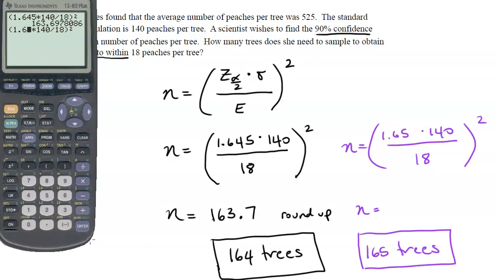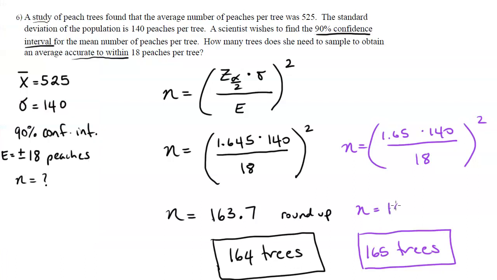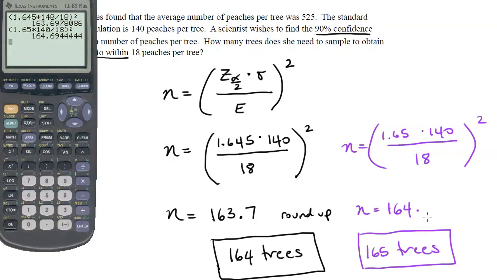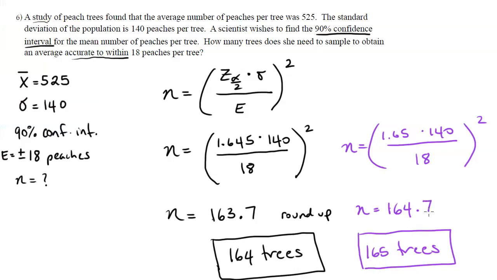So 1.65 times 140 divided by 18, squared. I get 164.7, yeah, 0.7, I should round up. And when I round this up, I end up with 165.